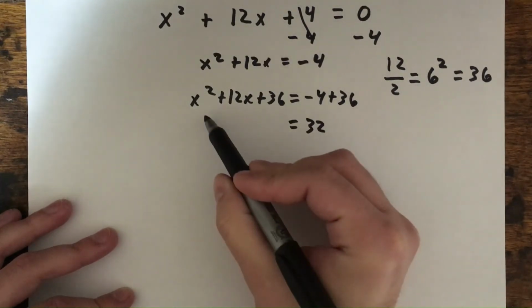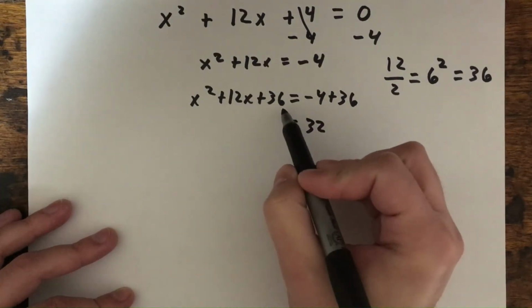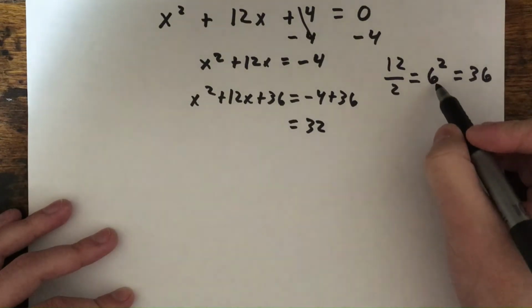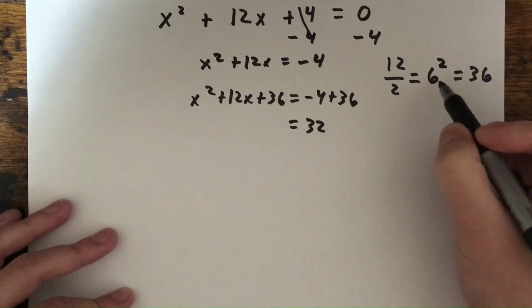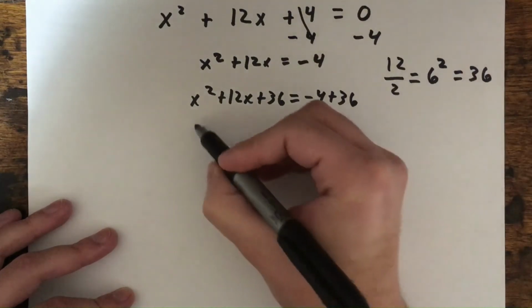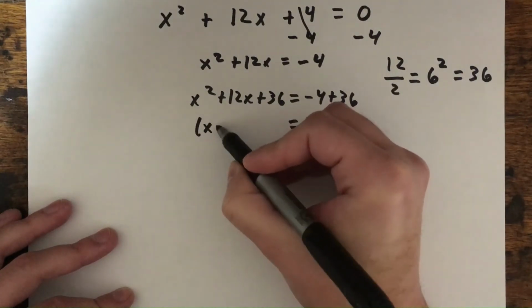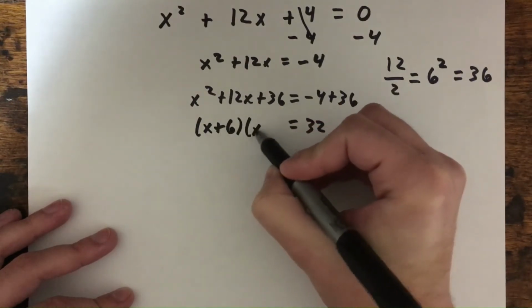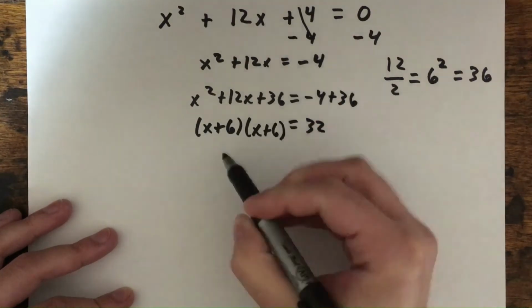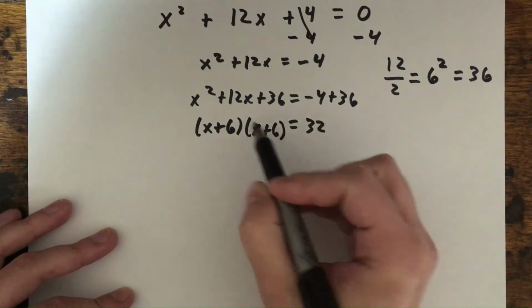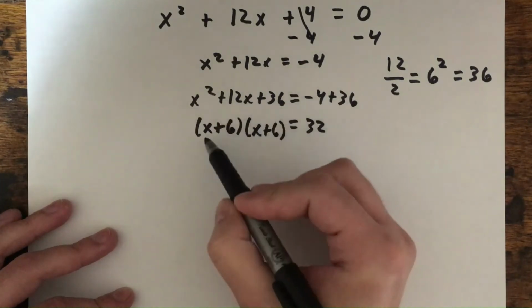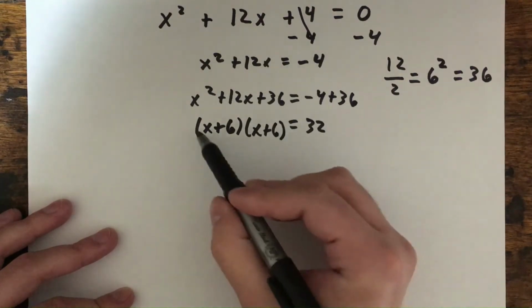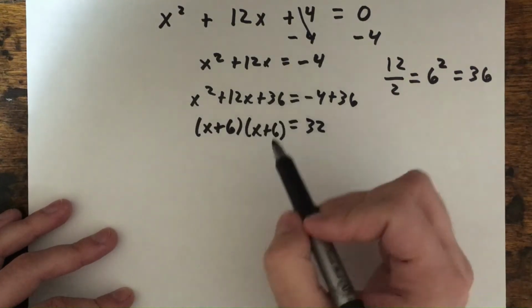And then you'll see over here we now have something we can factor. Once again, you can use this little trick that the number you're going to put in the parentheses is just going to be positive 6 for both of them. X plus 6, x plus 6. If you were to work this out, you would come up with x squared plus 12x plus 36, so this is the same thing as this.